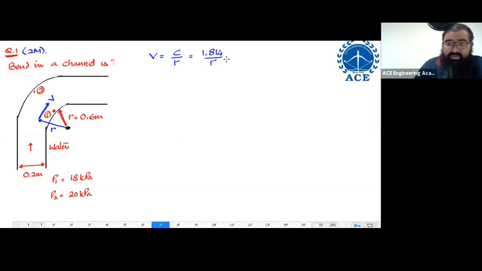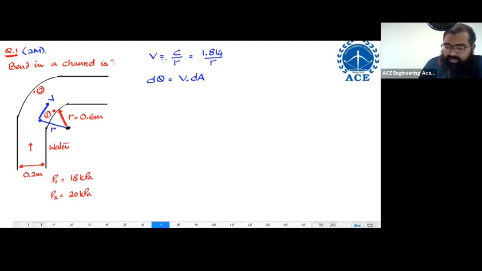I want to find discharge, but the problem is velocity is keeping on varying. So I'll write differential discharge dQ has to be equal to velocity into differential area. What is the differential area?